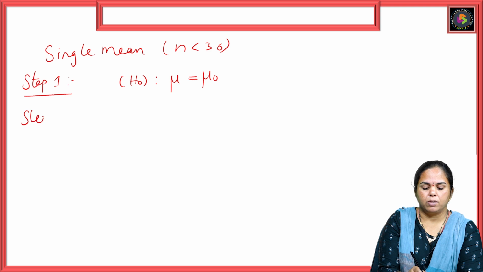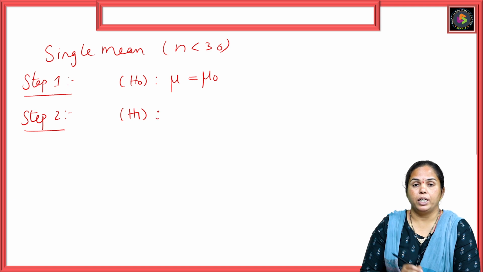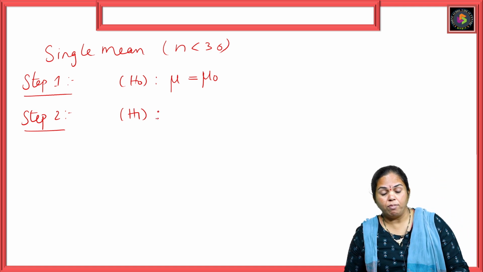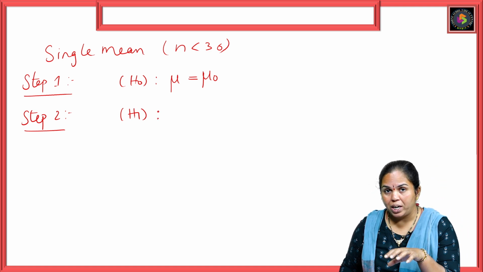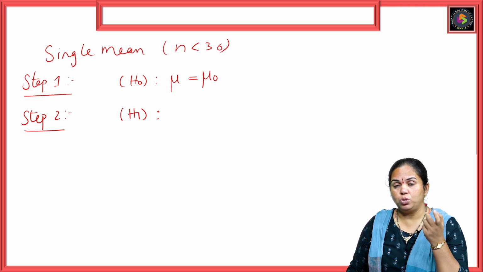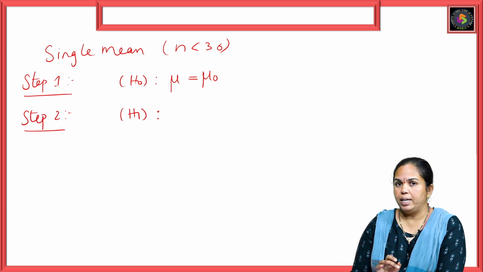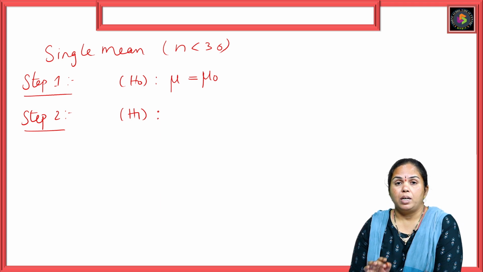Next, step 2, alternative hypothesis H1. This is very, very important. Why? Because depending upon whether it is two-tailed or one-tailed, we have to tabulate the values, which will be provided directly to you in the examination hall. Do not carry any tables with you.